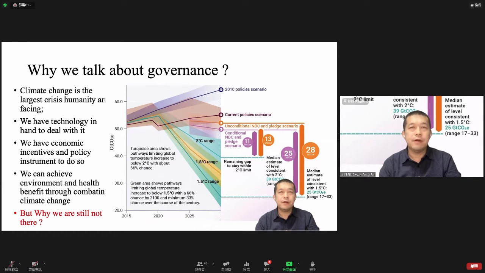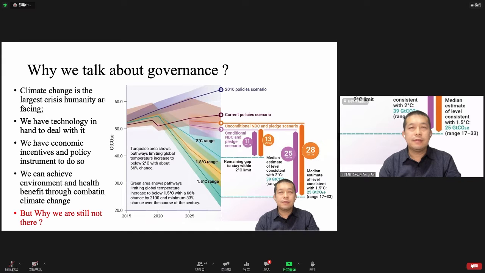These figures clearly show that there is an emission gap between where we should be, which is the 2 degree or 1.5 degree trajectories, and where we are, which is the current policy scenarios or the NDC scenarios with the enhanced mitigation actions we have after this COP.